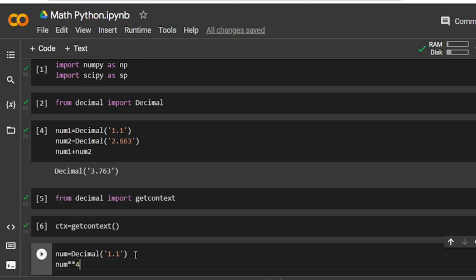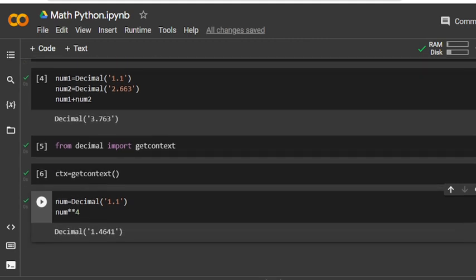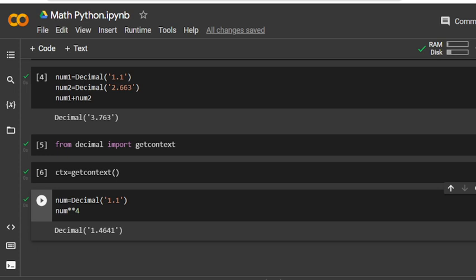So let's see what your output is. You could see here 1.4641.